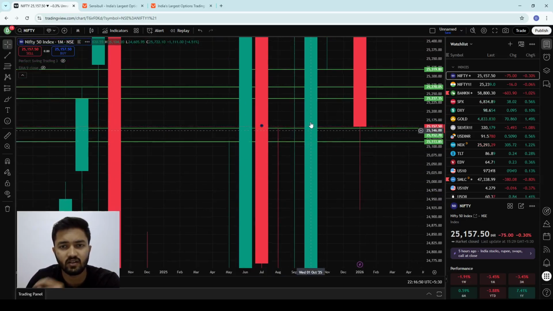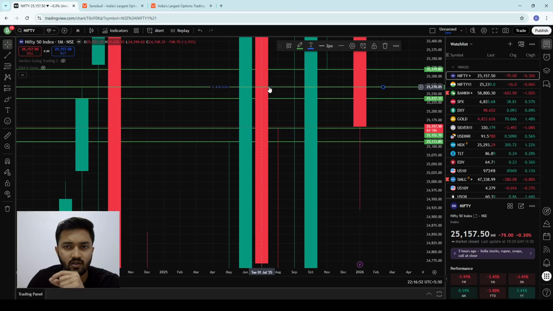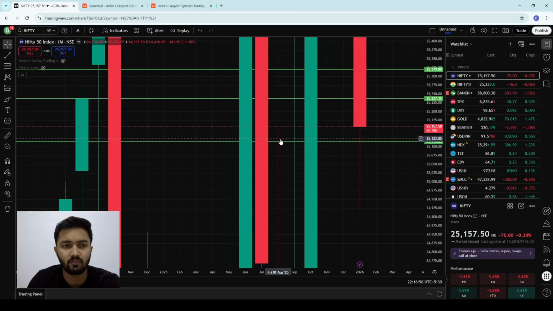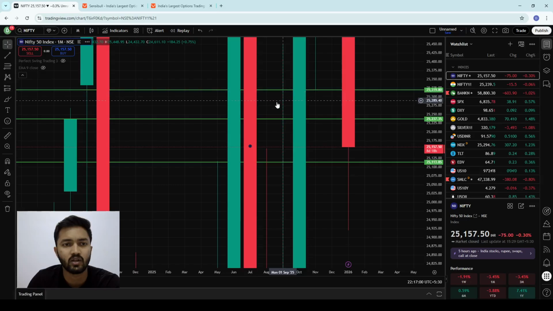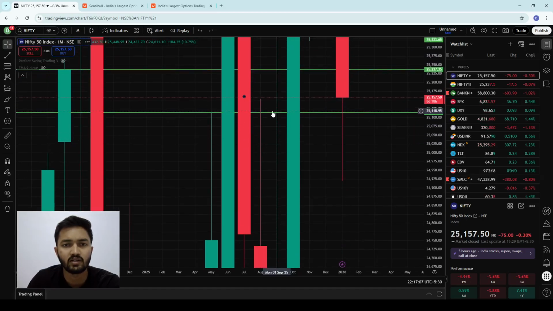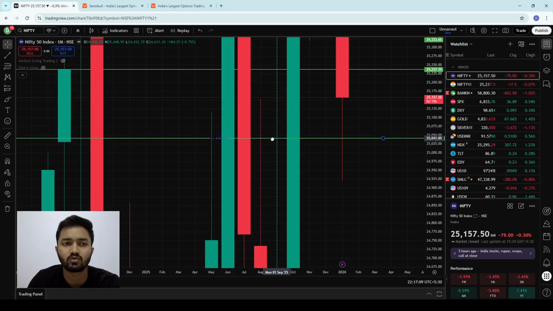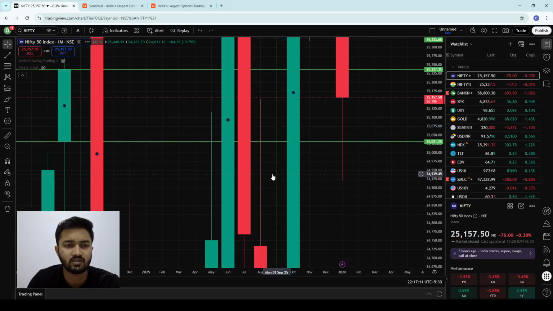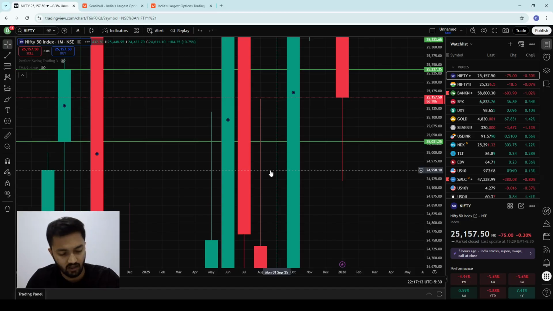But these levels are in a very small area, so you'll not be able to understand the overall verdict, where it might actually go. That's why I've removed the high and low of all the candles, and I'm just focusing on open and close, because they give at least some sort of big ranges.